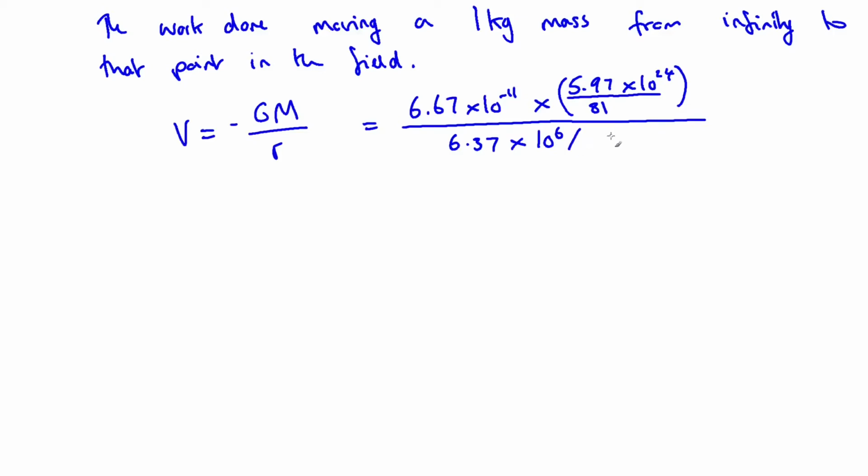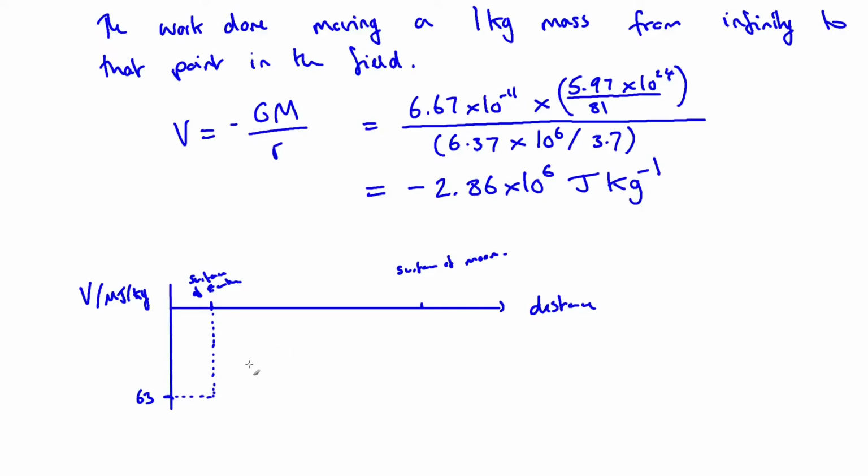And we know that it's 3.7 times smaller on the moon. So we just need to calculate. And we get minus 2.86 times 10 to the 6. And don't forget the unit of gravitational potential. It's always measured in joules per kilogram.